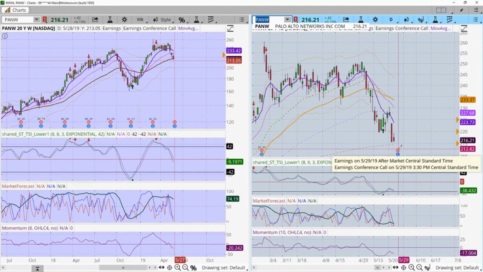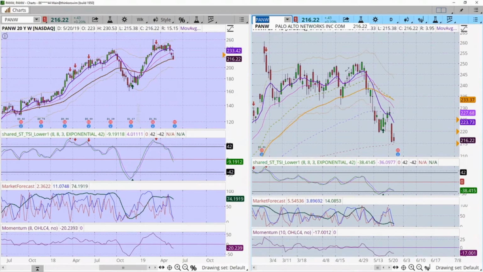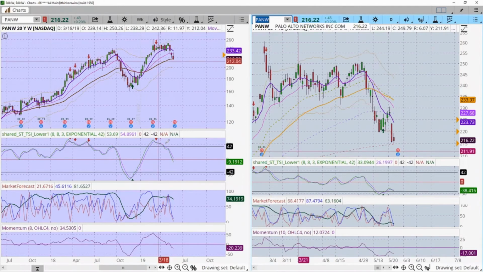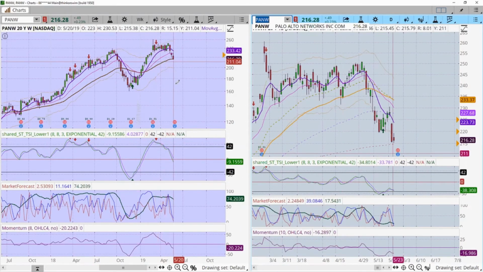And I'll be going over a couple of trades with the premium members on what I'm looking at doing with Palo Alto Networks. And remember, the 27th is Memorial Day. So those are the ones I want to be taking a look at. As you can see, Palo Alto Networks looks like a lot of the other stocks.